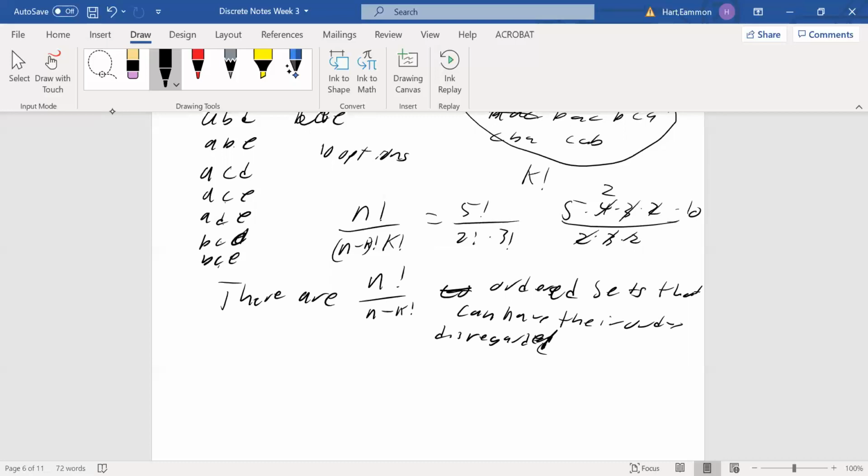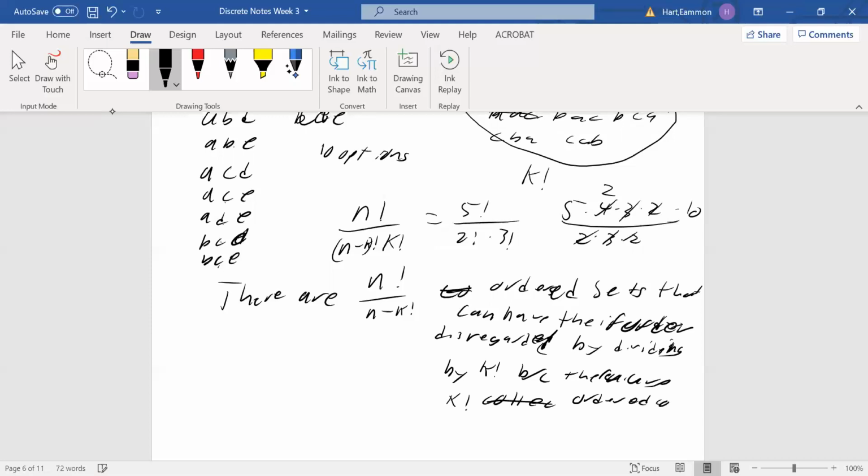Ordered sets that can have their order disregarded by dividing by k factorial, because there are k factorial ordered collections with the same objects.